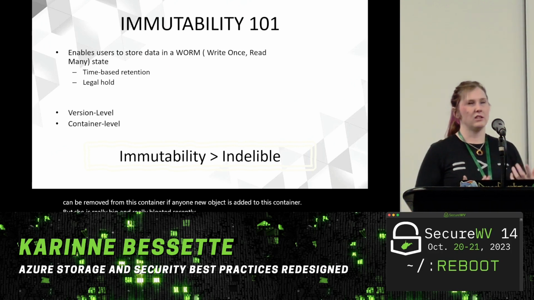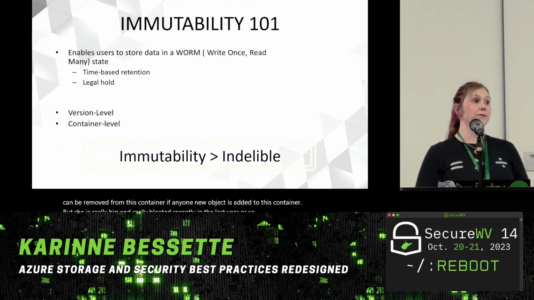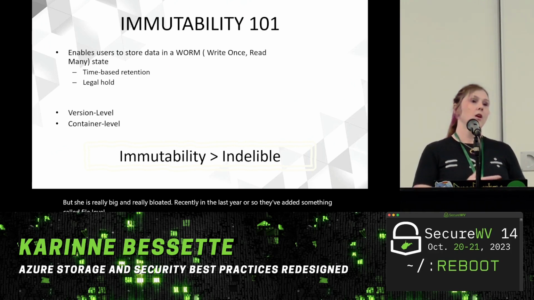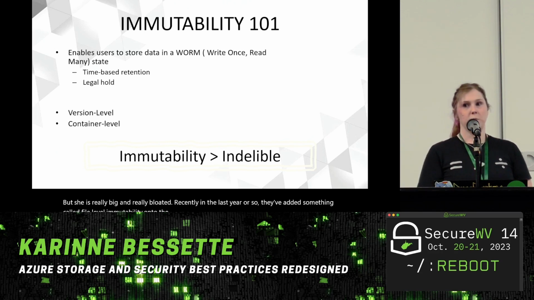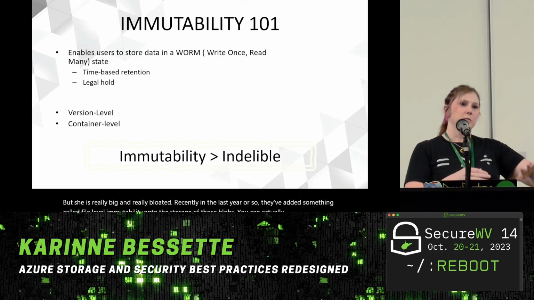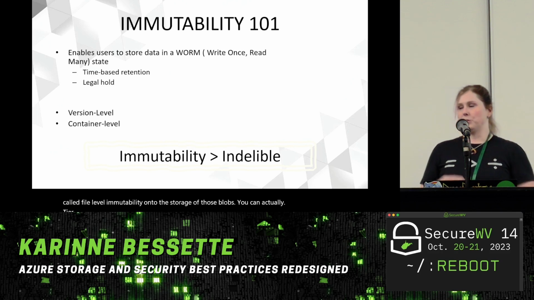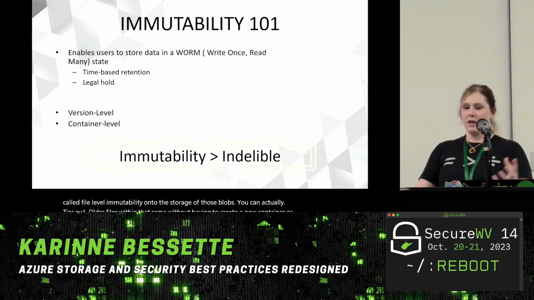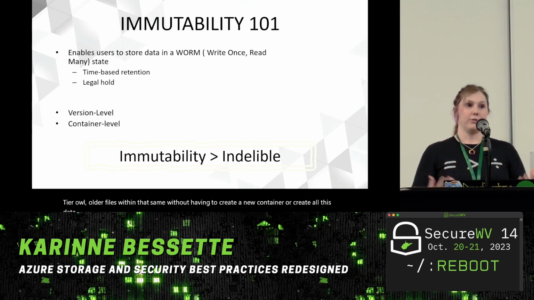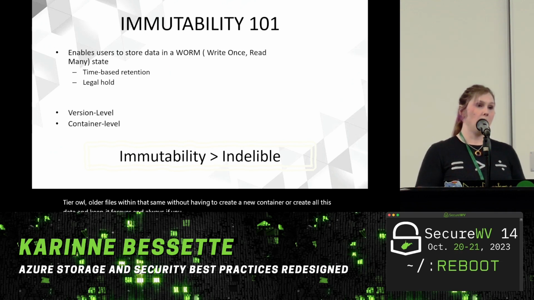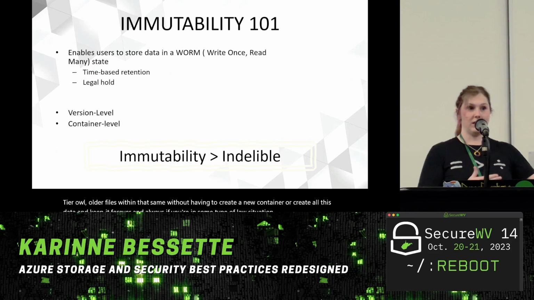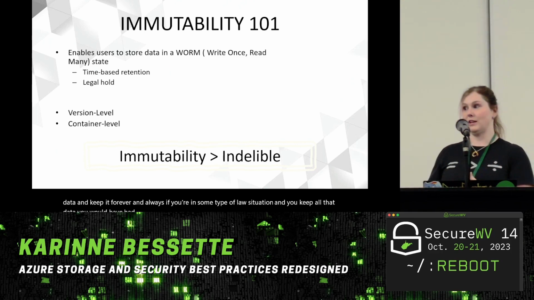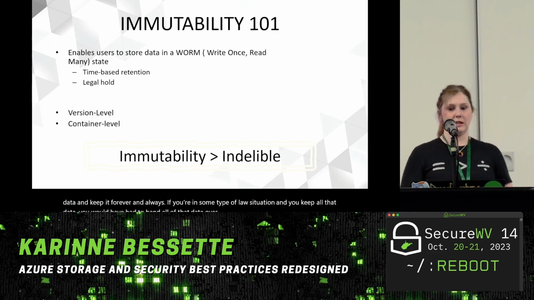Recently, in the last year or so, they've added something called file level immutability onto the storage of those blobs, so you can actually tier out older files within that same container without having to create a new container or keep all this data forever and always. If you're in some type of law situation and you keep all that data, you would have had to hand all of that data over if you haven't sunset it.